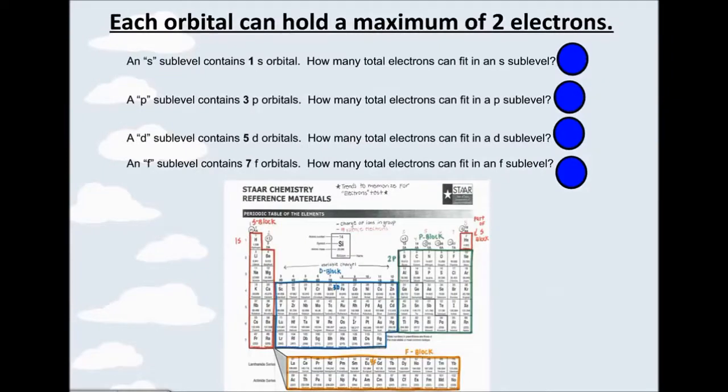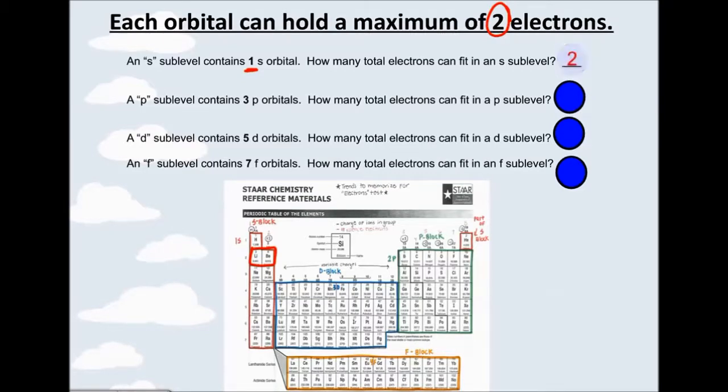Each orbital can hold a maximum of 2 electrons. If we look at the S sublevel, it is 2 elements wide. That is why it is 1 orbital, because each orbital can only hold 2 electrons. How many total electrons can fit in the S sublevel? That would be 2.